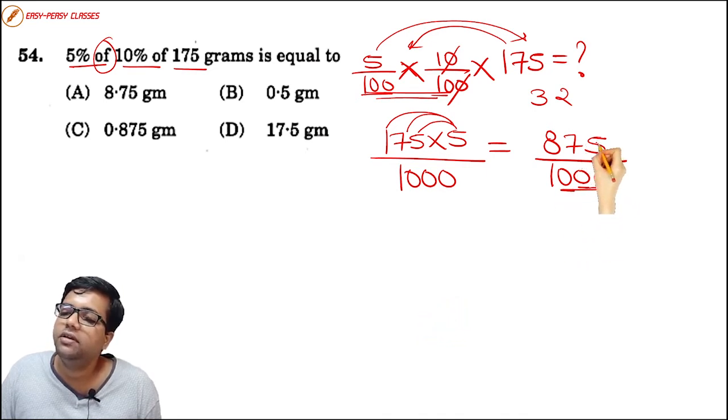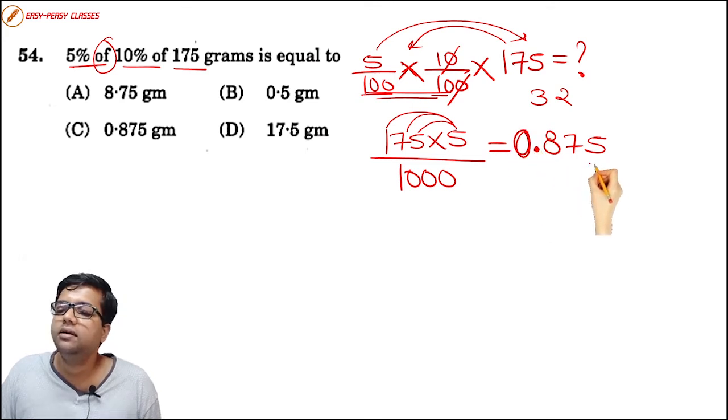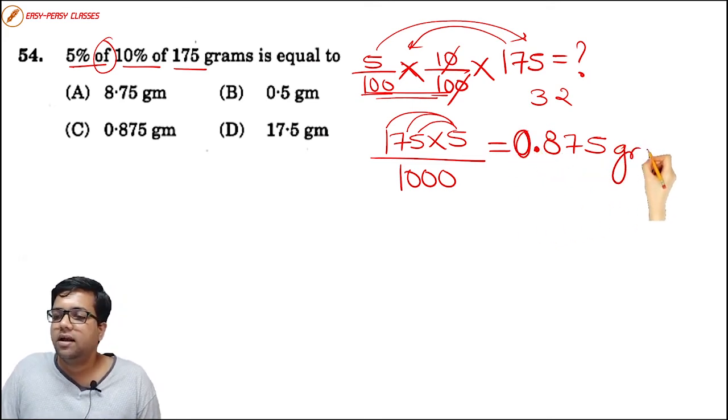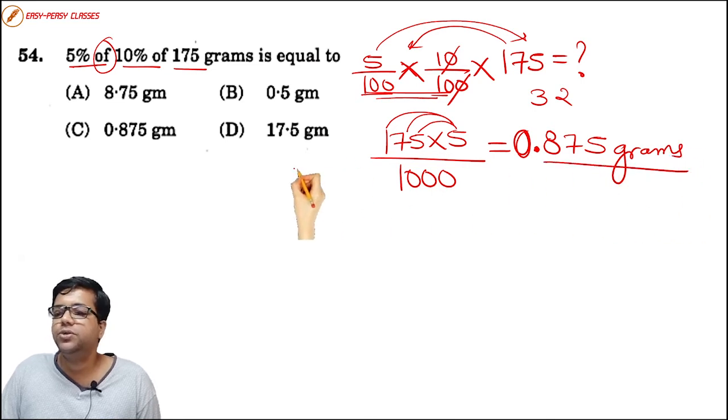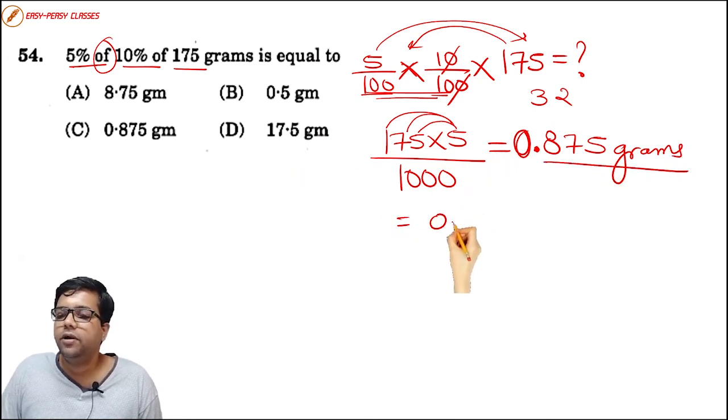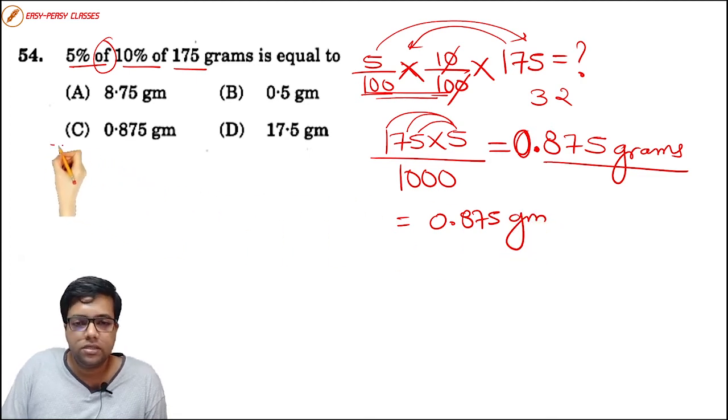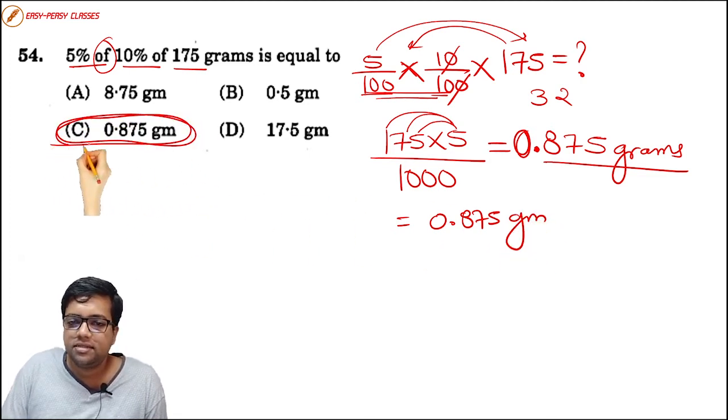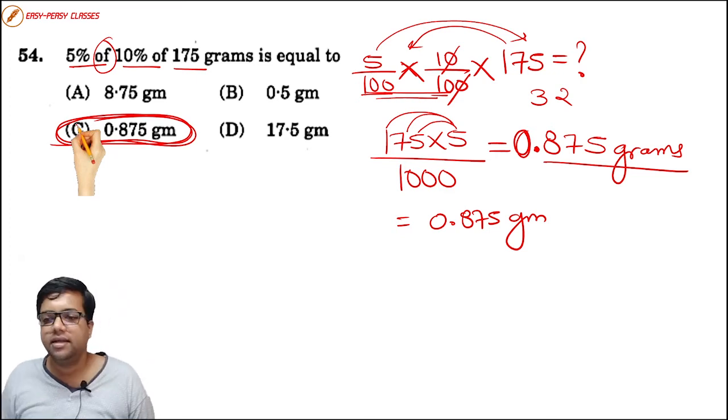So after leaving 3 digits, you will keep a decimal point. That becomes your answer. 0.875 grams. Option number C is the right answer.